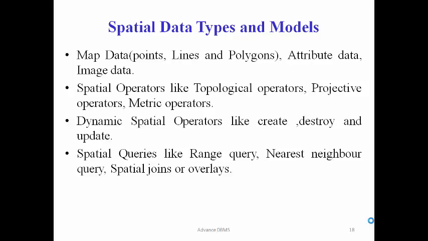The special operators for spatial databases are topological operators, projective operators, metric operators, and dynamic spatial operators like create, destroy, and update. And we can query the spatial data in terms of range queries, nearest neighbor queries, spatial joins, or overlays.